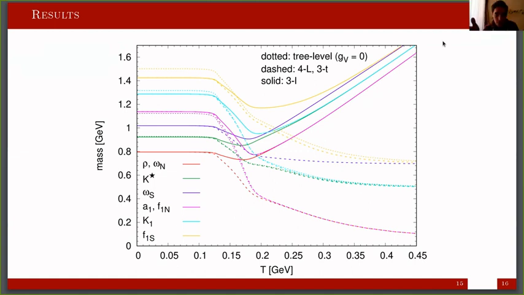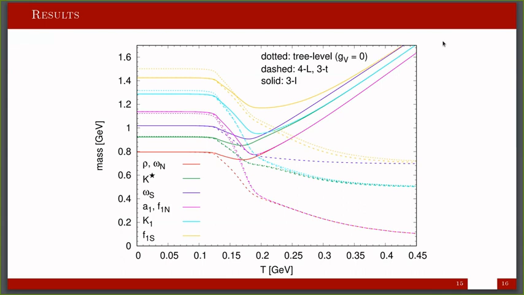This behavior is a result of the fermion vector interaction, and it can also be shown for the pseudoscalars that this thermal correction to the curvature mass gives this thermal behavior. Okay, thank you.